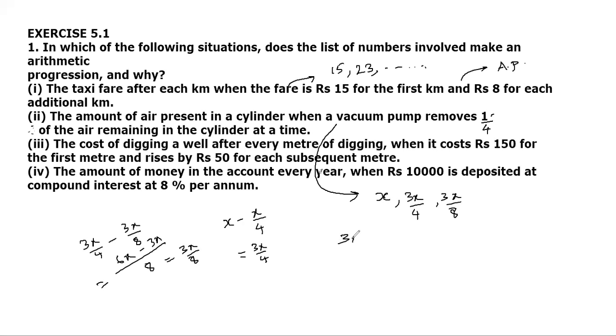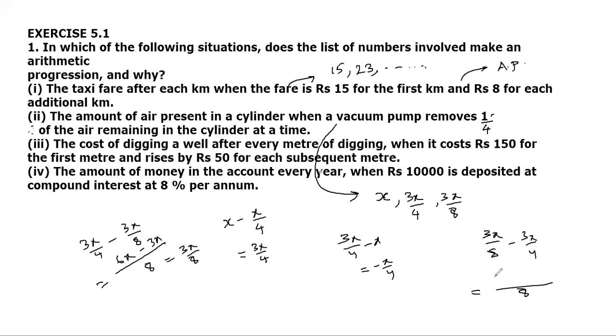Second term minus first term is 3x/4 minus x, which is minus x/4. And the next term is 3x/8 minus 3x/4.